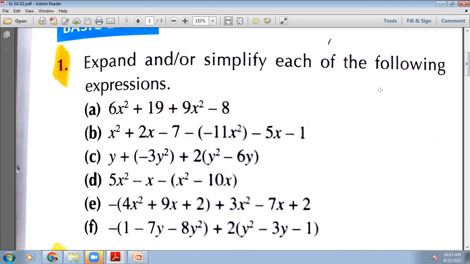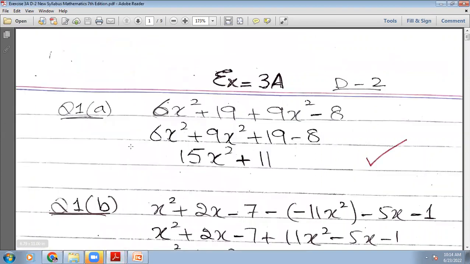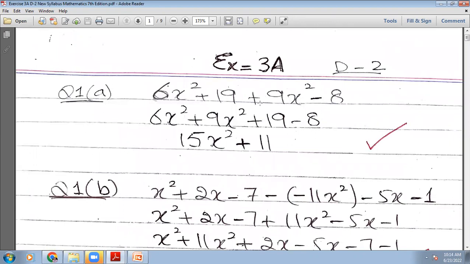So here in the first part, you can see 6x squared plus 19 plus 9x squared minus 8. The terms which have x squared will be added or subtracted with each other, and the terms which are only constants will be added and subtracted with each other. So let me show you. I will bring 6x squared plus 9x squared plus 19 minus 8.